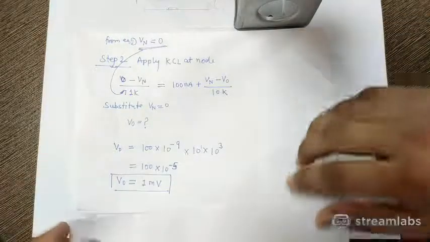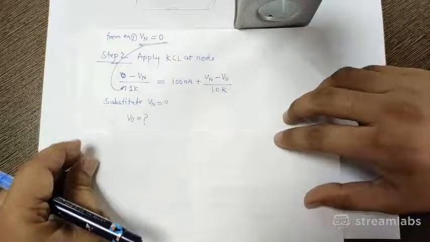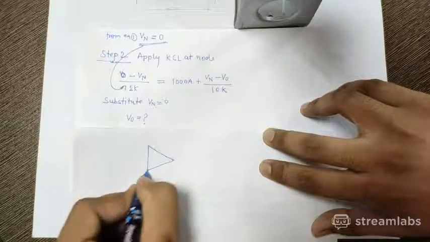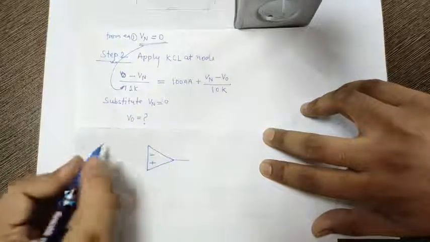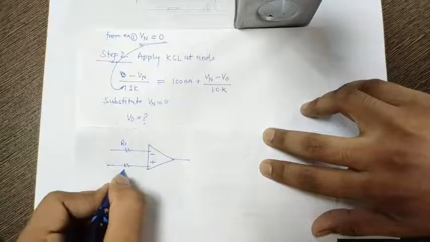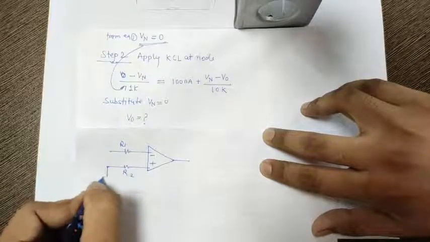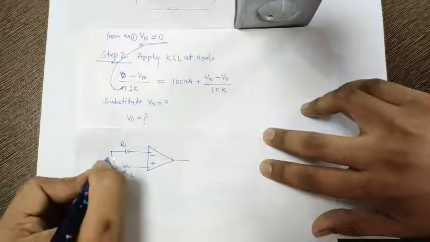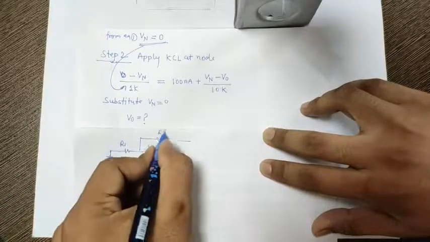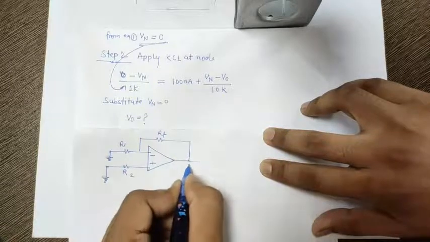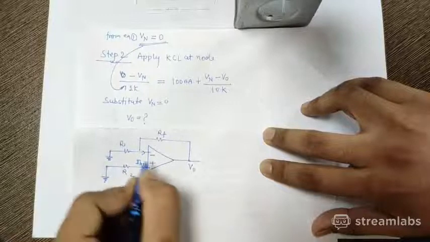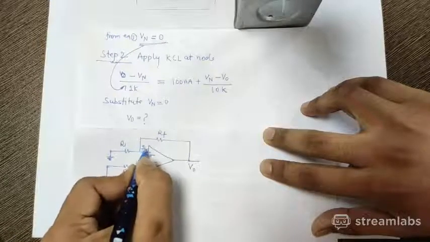Okay, I would like to convert this into an equation. So in that case I am considering another circuit which has resistance R1 as input here and resistance R2 as input here. This is directly grounded and this is also grounded. Both are grounded, and resistance RF is in the feedback. Determine the output voltage if the base current here is IB1 and base current here is IB2.